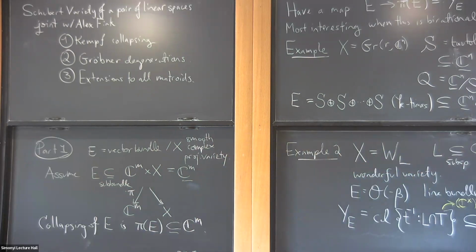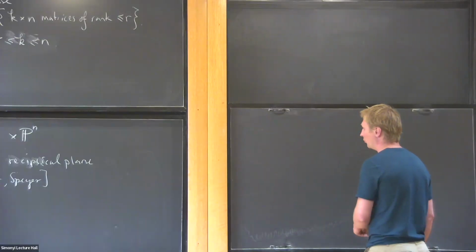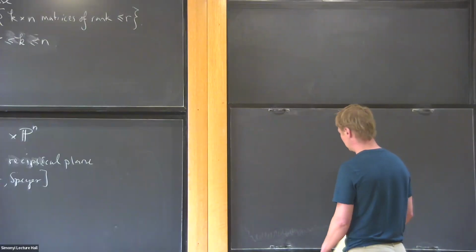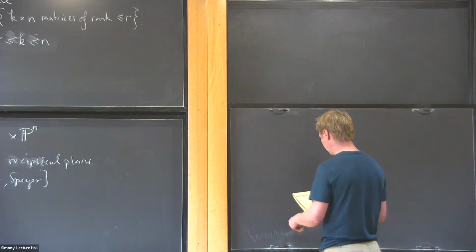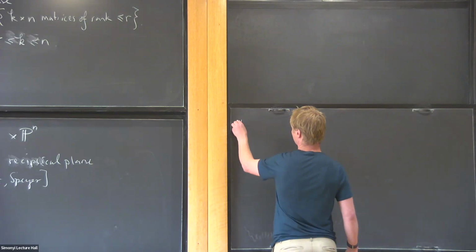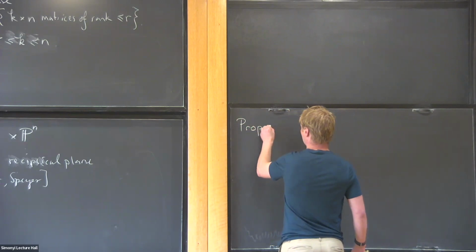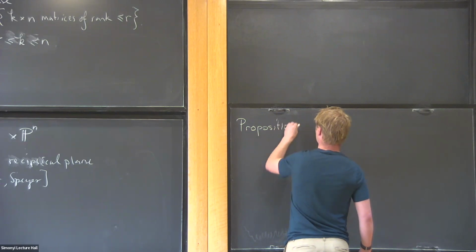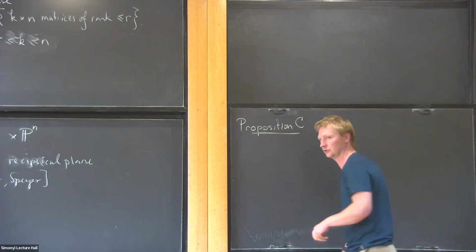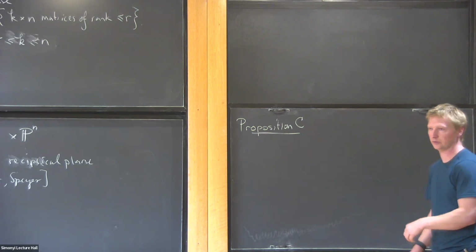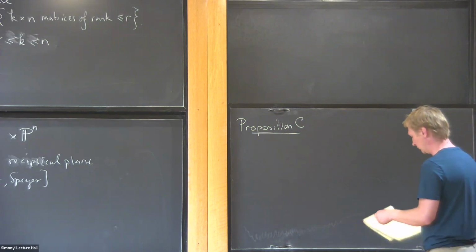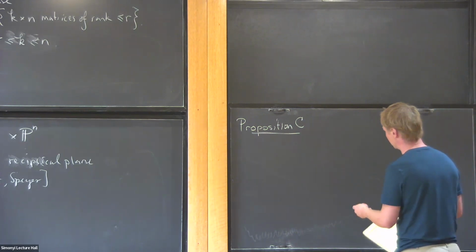So I'm going to give you two results that tell you what kind of information is remembered. The first result I'm going to call proposition C, because it is a statement about Chow theory, the intersection theory.